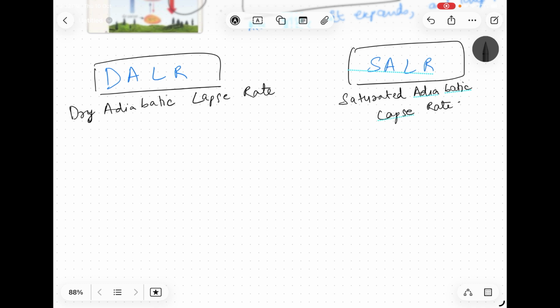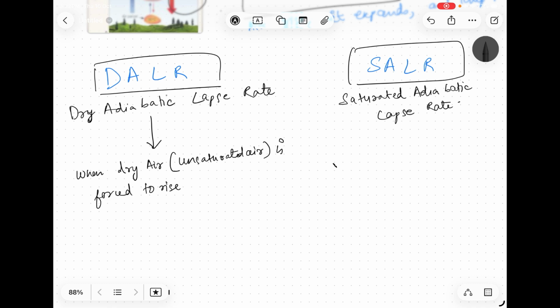So what is dry air? Where there is no moisture at all. It is without any moisture. It is not saturated at all. It's unsaturated air. So when dry air, which is basically unsaturated air, is forced to rise, it cools.